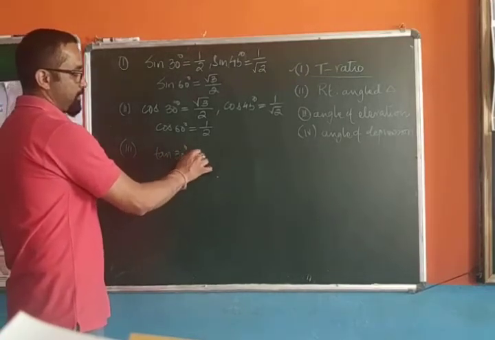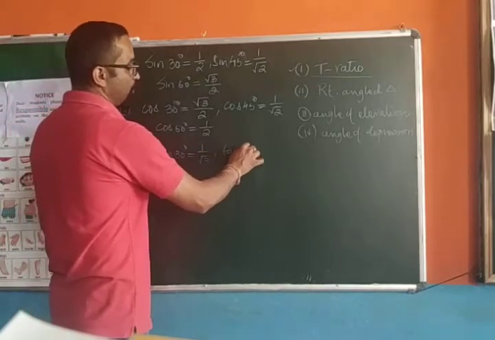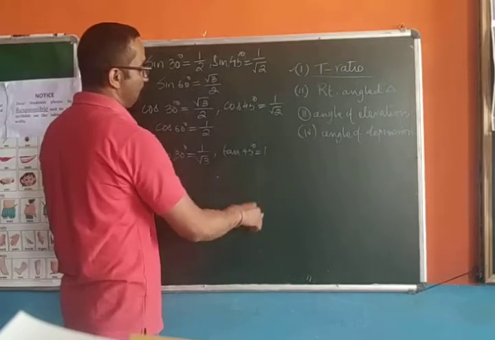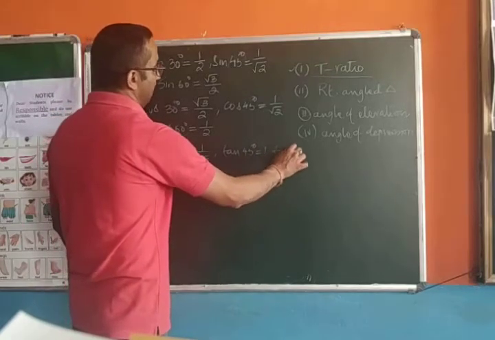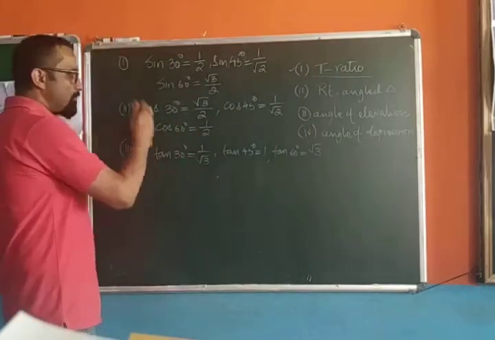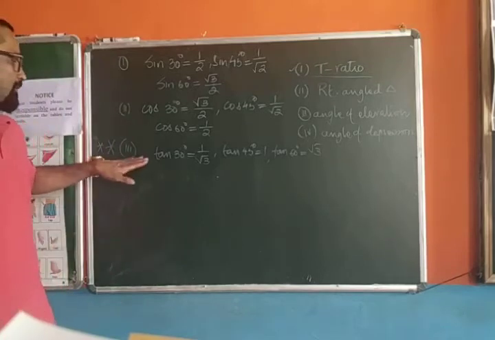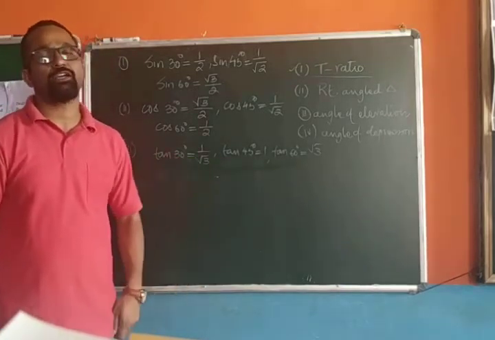Tan 30 degrees is 1 divided by root 3. Tan 45 degrees equals 1. And tan 60 degrees equals root 3. Out of these values, tan is again important. The values for the standard angles.